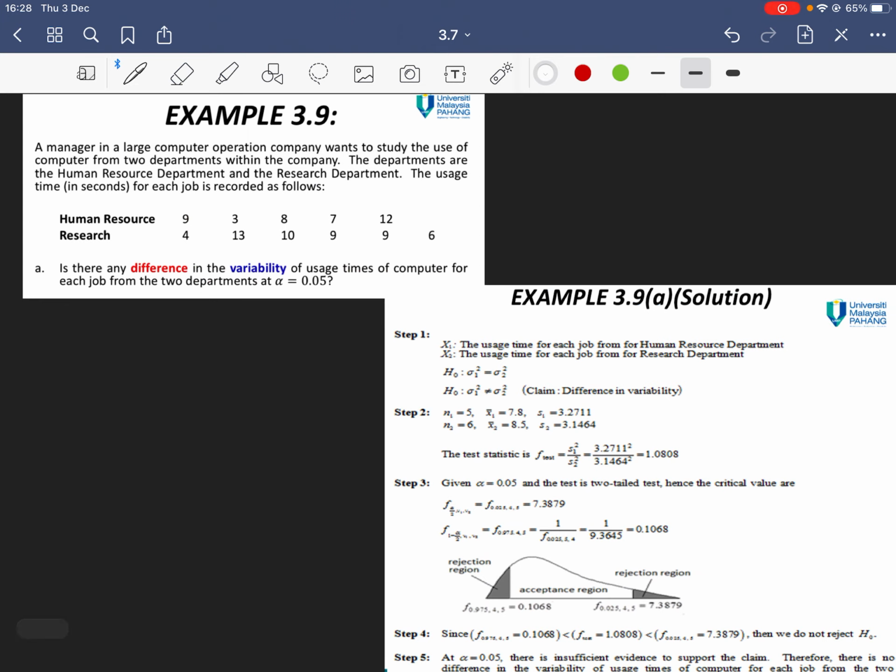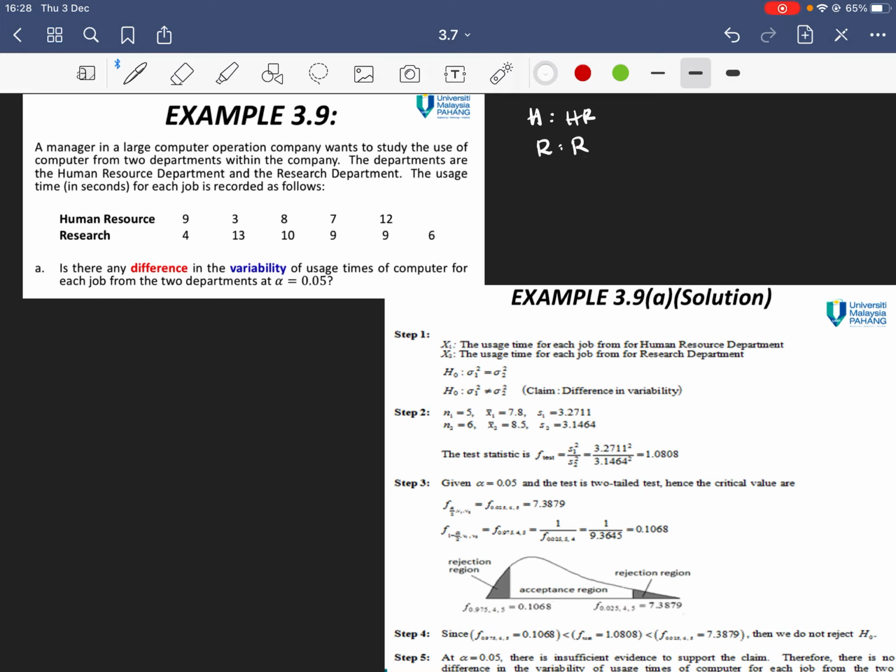A manager in a large computer operation company wants to study the use of computers from two departments within the company. The departments are the human resource and the research department. So I will put H as human resource, R for research. So I will use H and R here.